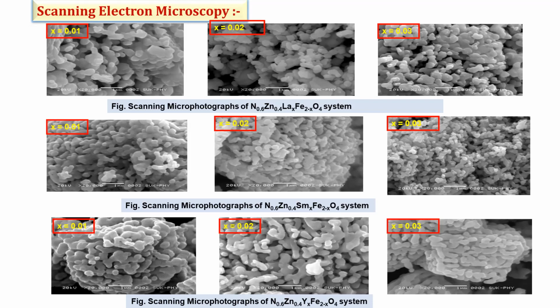If we decrease the grain size, then it can be more useful for gas sensing, as well as for improving the electrical and magnetic properties. If we improve the electrical and magnetic properties, then this type of material can be utilized in the fabrication of electronic components. That is why we choose this method and prepare such ferrites, nanoferrites.